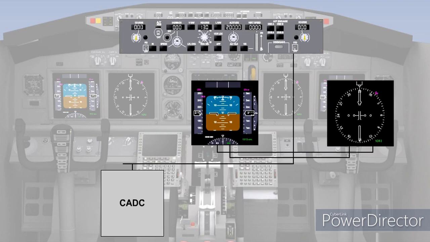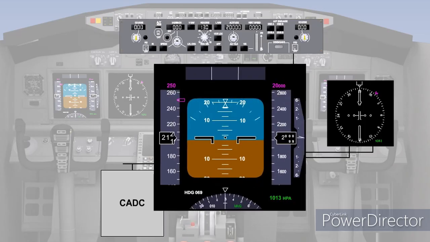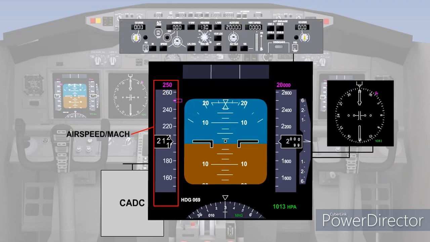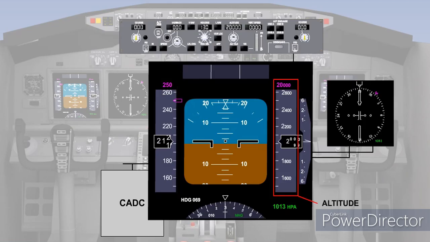The following systems or components provide continuous inputs to the flight control computers: the Central Air Data Computer, CADC, supplies current airspeed, Mach, altitude, and vertical speed.